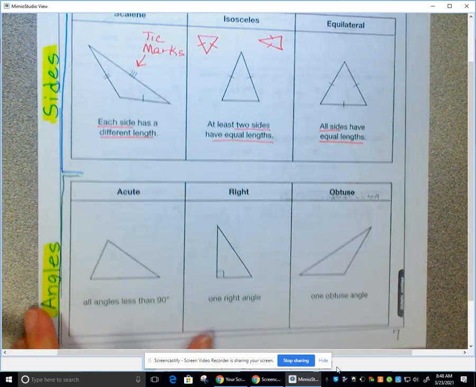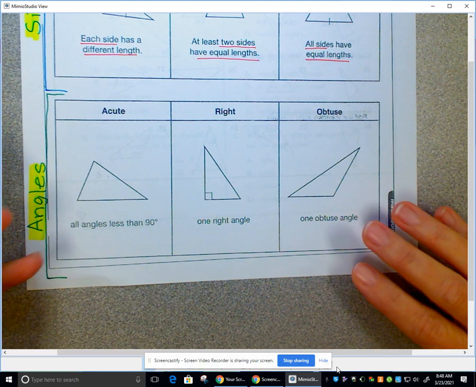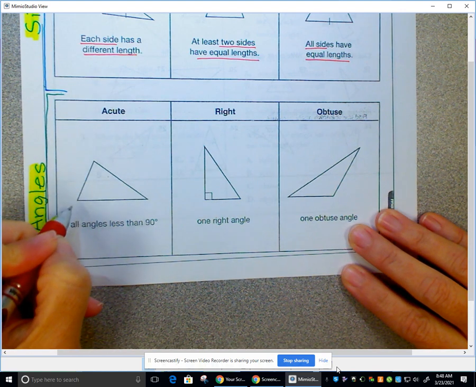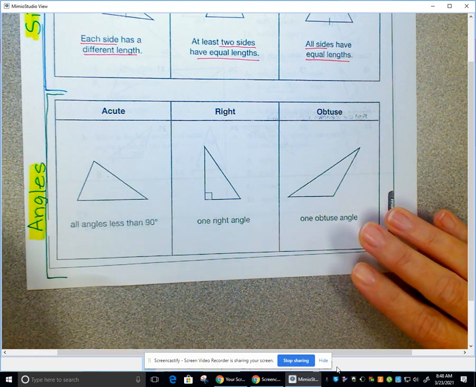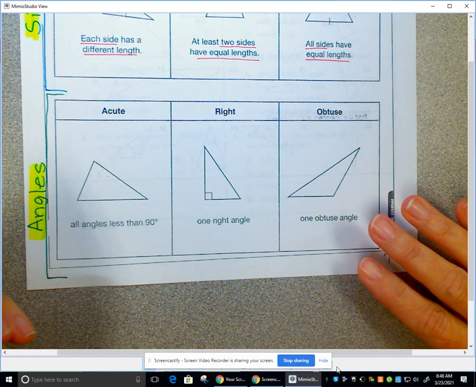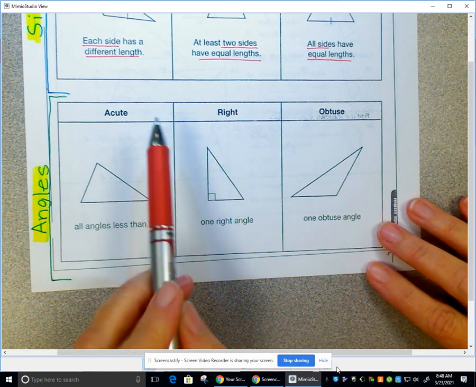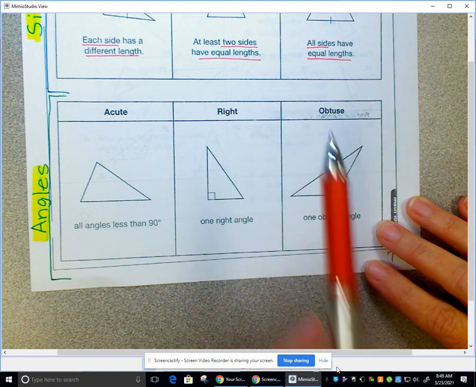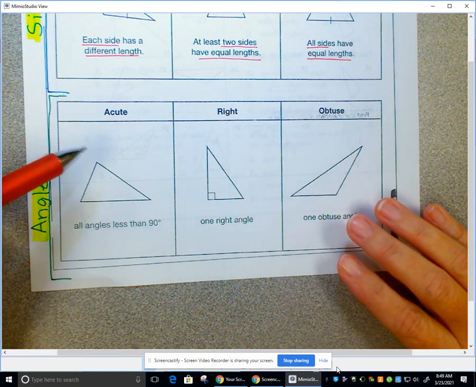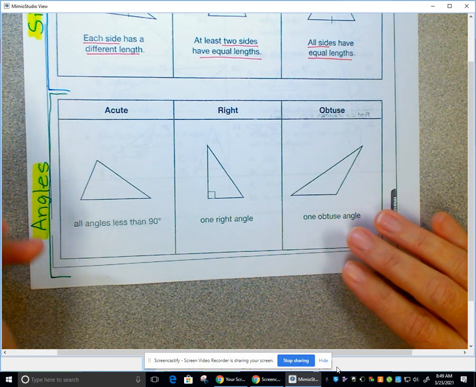Now, down below, we're talking about the angles. That's where the lines meet to form an angle. There are 3 ways we can classify a triangle. It can be acute, it can be right, and it can be obtuse. Let's start first with this acute triangle.